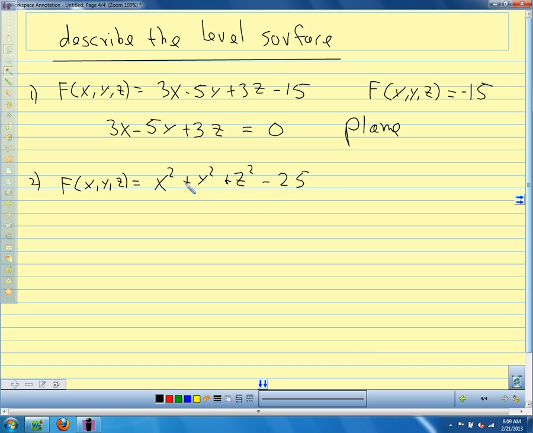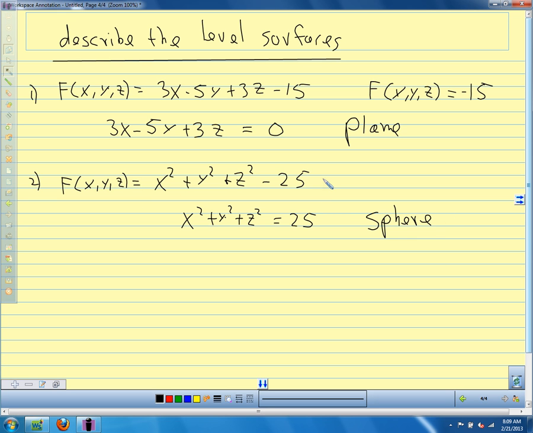We could say find the level surface when f of x, y, z equals 0. So we get x squared plus y squared plus z squared equals 25. So this would be a sphere. So the level surfaces of this function would be spheres.